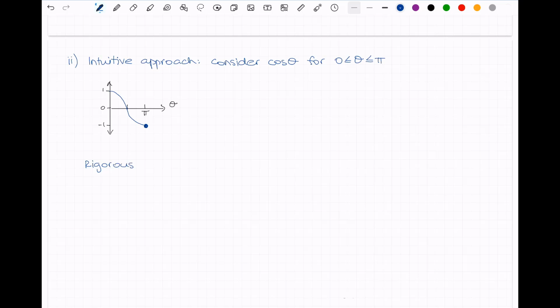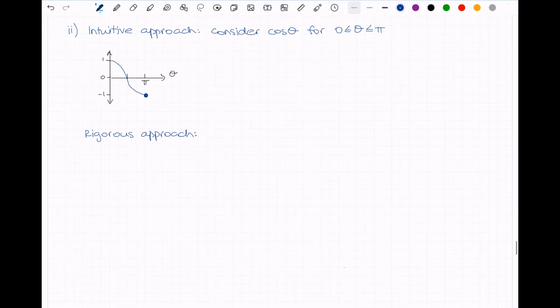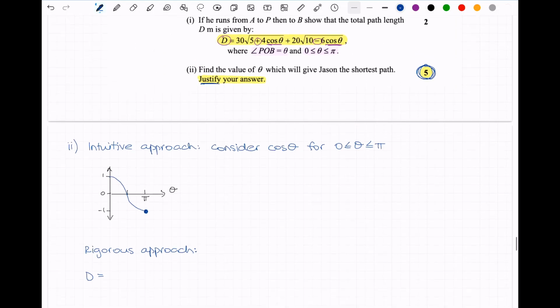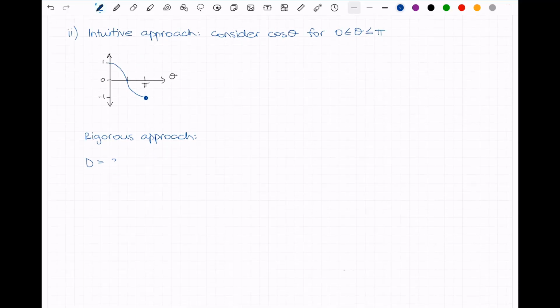This is the one for the actual marks. So first we want to differentiate d. I might just write d in a format that makes it a bit easier to differentiate. So d is equal to 30 times the square root, and I'm going to write that as a power of a half.